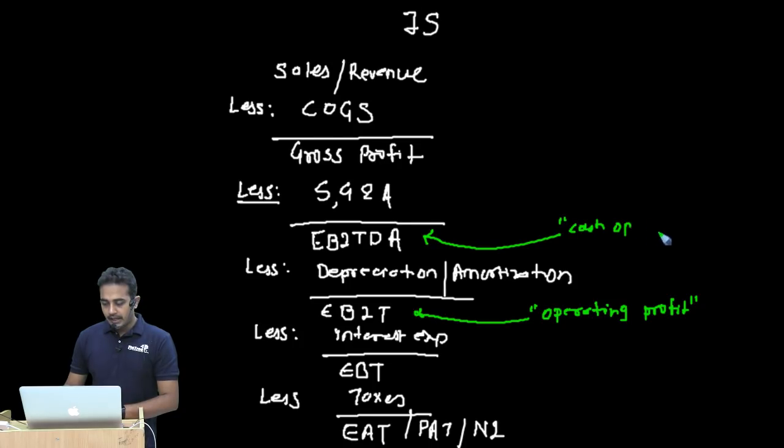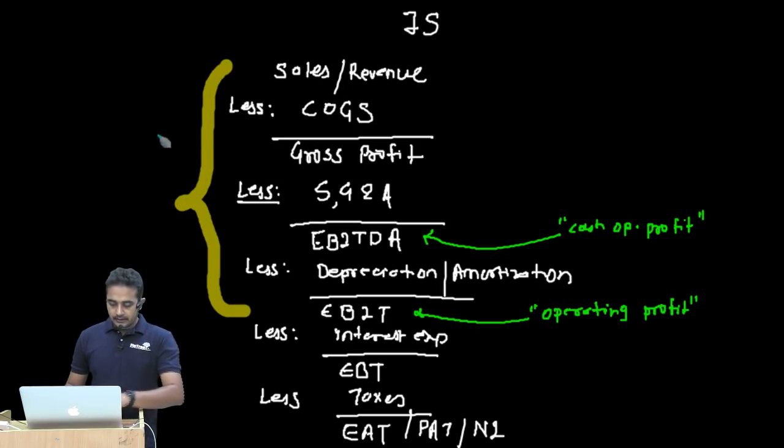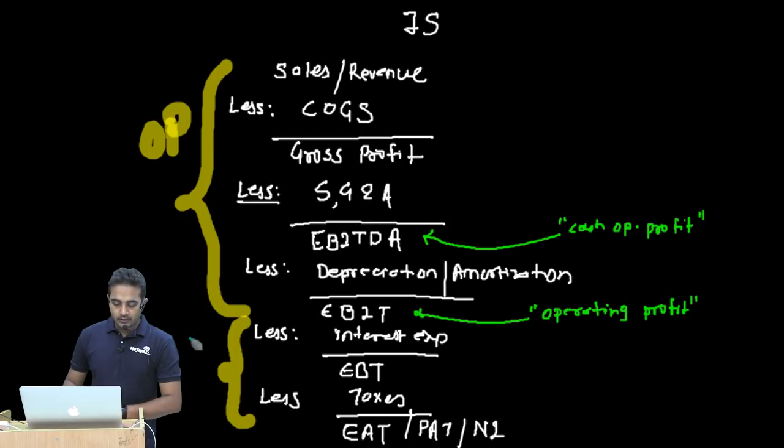So this is your cash operating profit. Now, since EBIT is your operating profit, that means everything that's above the EBIT on your income statement, that is the operating part. And the stuff that we have below that, we typically call this as non-operating part.